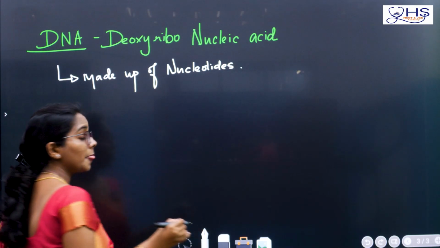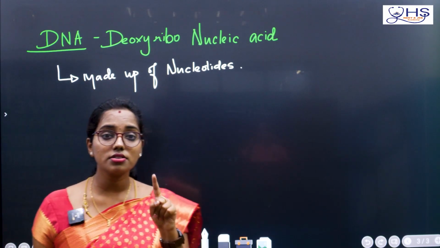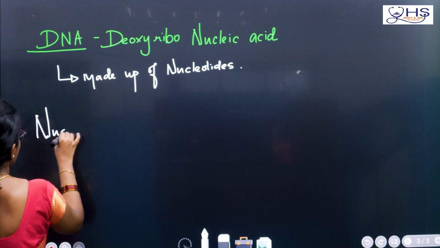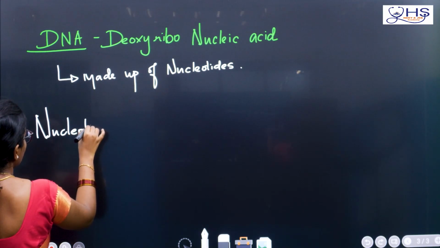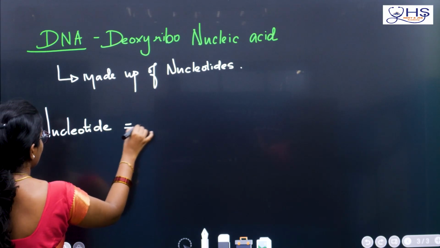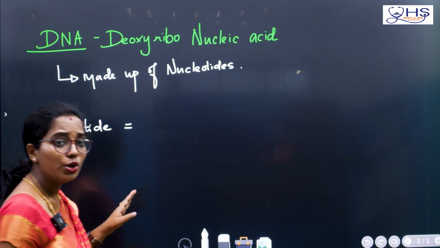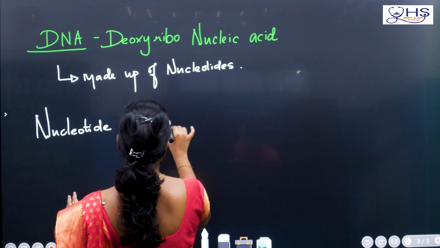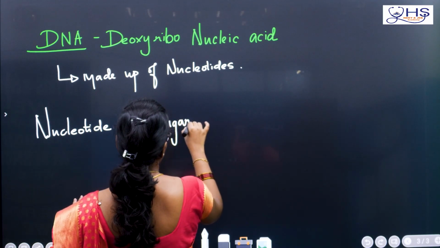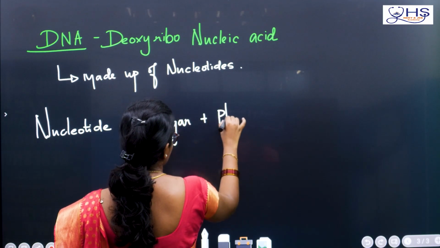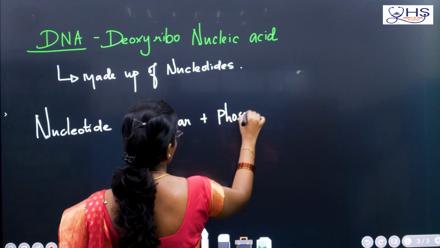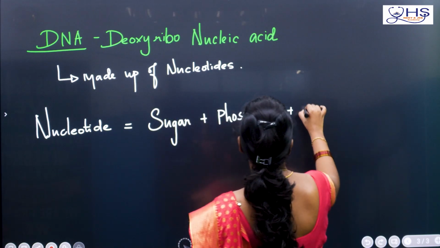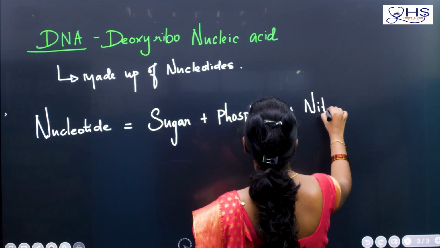nucleotides. Now your next question I can guess: what is a nucleotide? We can simply remember it by a formula. Nucleotide is the combination of sugar plus phosphate plus nitrogen base.